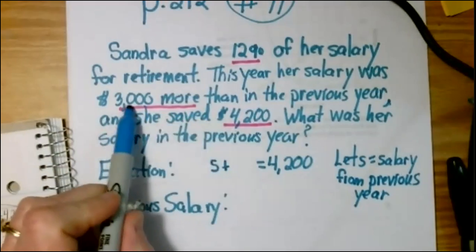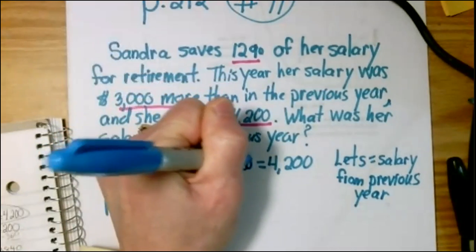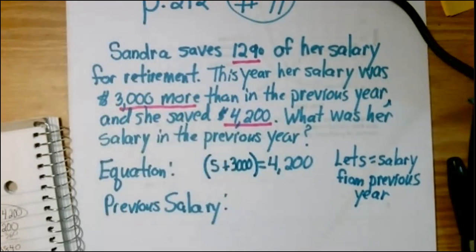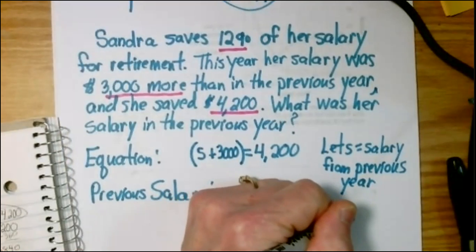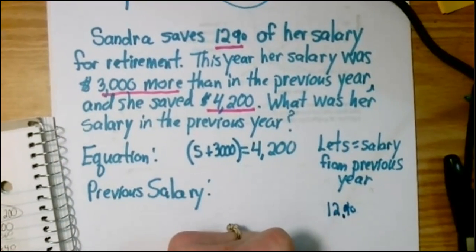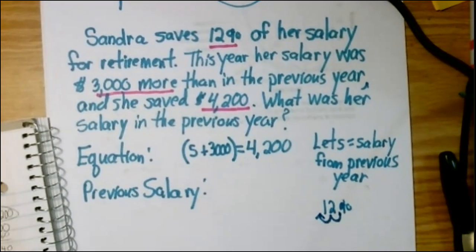plus, what does it say? $3,000 more. I'm going to put parentheses around that. Because if I wanted to know if she's saving 12% of her salary, how do we find percents? Well, we take the 12% and we move the decimal that's imaginary after the number 2 places to the left, because we're really saying 12 divided by 100.